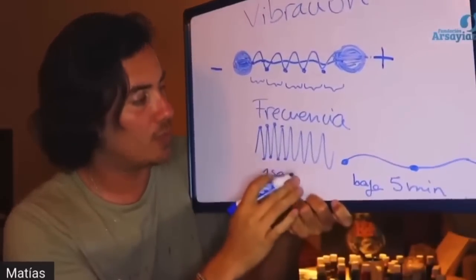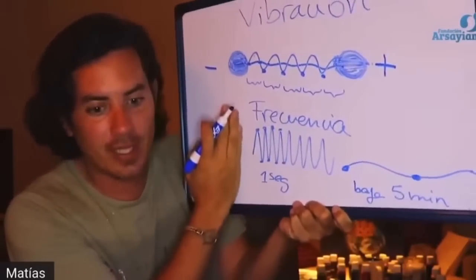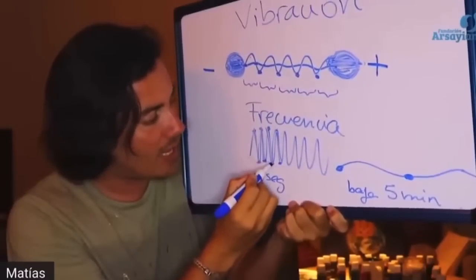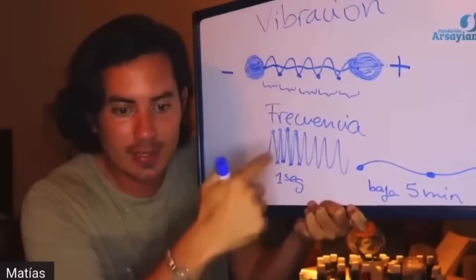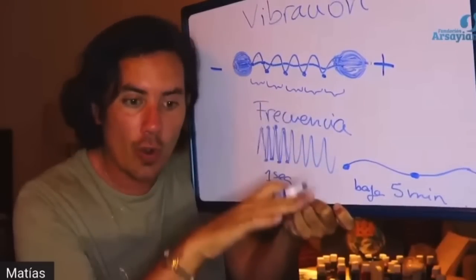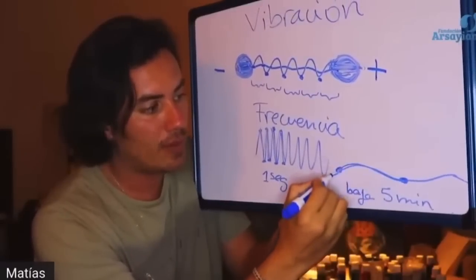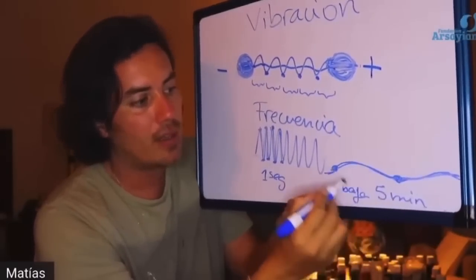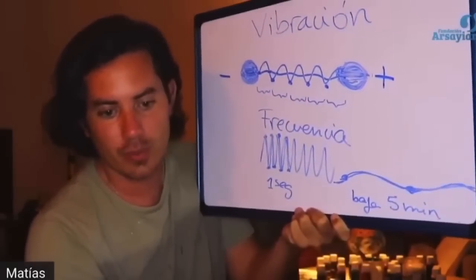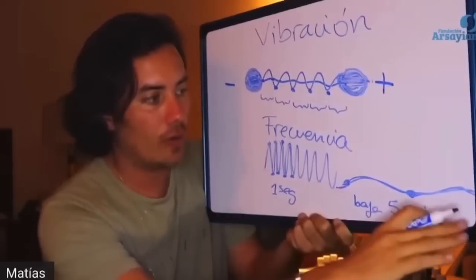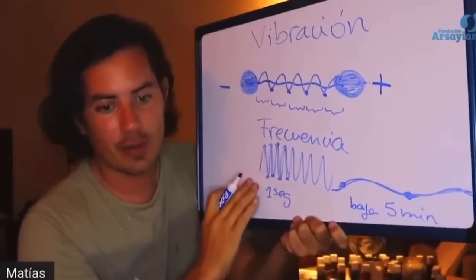We can see it in this way. A high frequency is when this is repeating very fast, in just 1 second. And low frequency is when the spots repeat in a long time, like every 5 minutes, for example, compared to this one. So that's low frequency, high frequency.